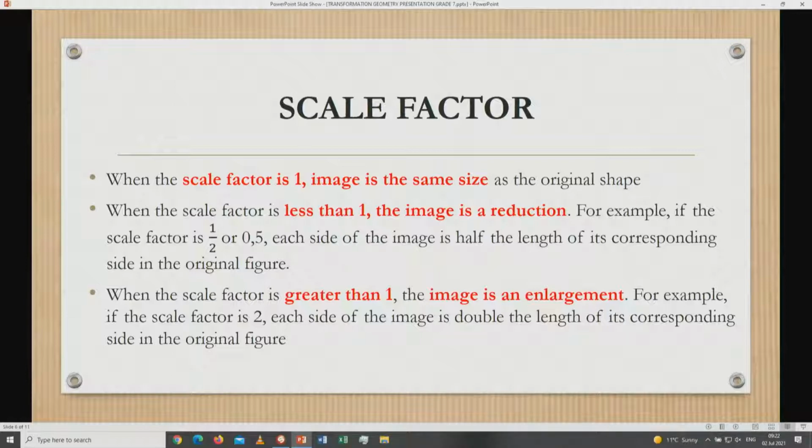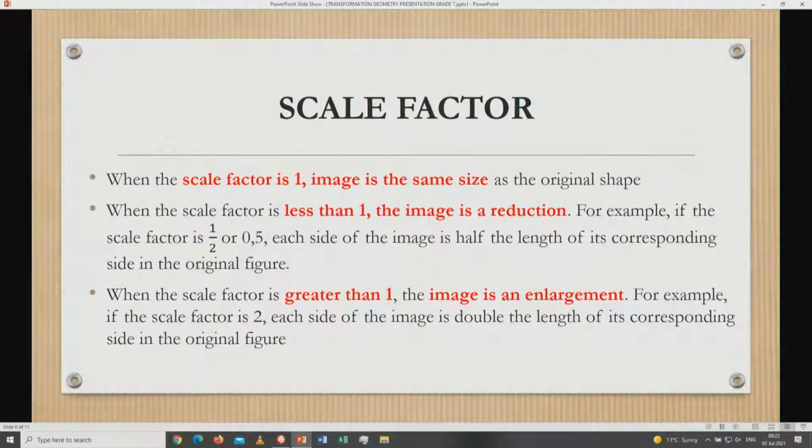They will be equal. And then when the scale factor is less than 1, the image is a reduction. So just know that we talk about a half, a third, a quarter, 2/3, a fifth, 3/8. All those numbers are less than 1, so it means that we are talking about a reduction.